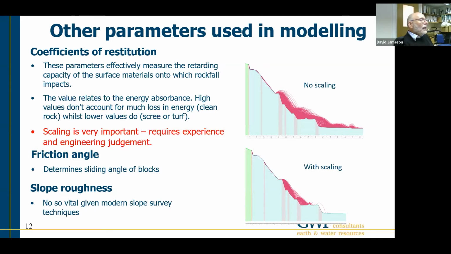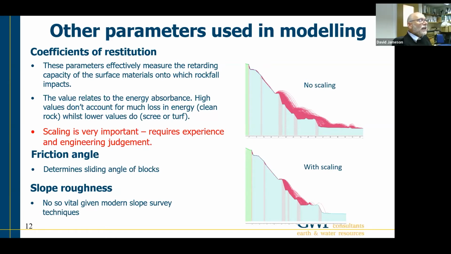So where you've got clean hard rock, you might have higher parameters of restitution, meaning that the blocks will not lose as much energy and they'll bounce further than materials which are of higher energy absorbance, such as original ground, which might be peat covered, or you may have laid some gravel or energy absorbent material in the bottom of your rock trap to try and absorb the energy as it comes down the slope.